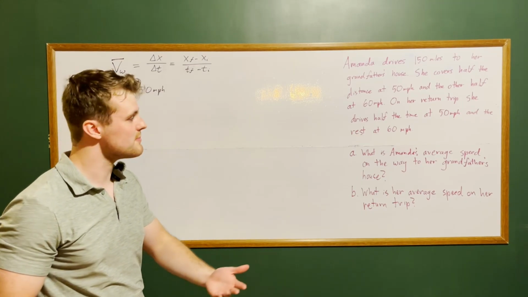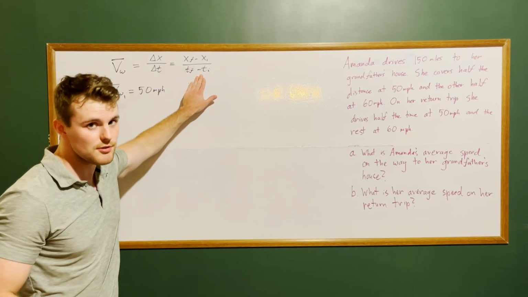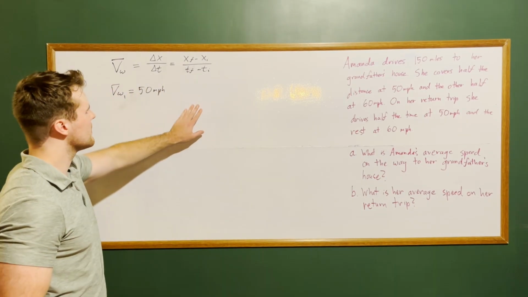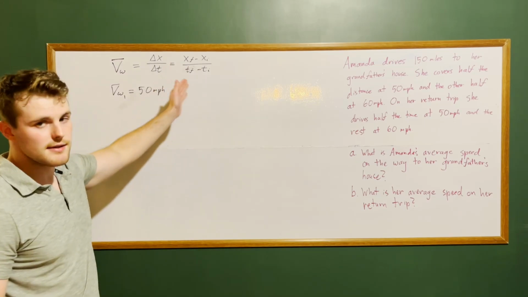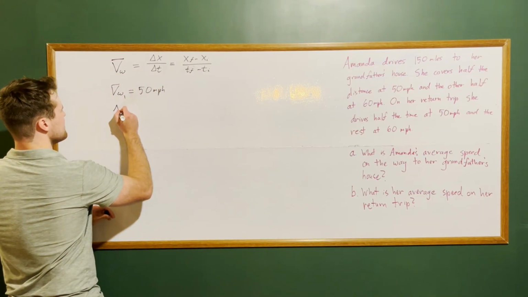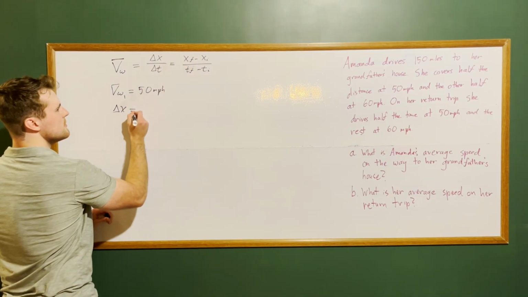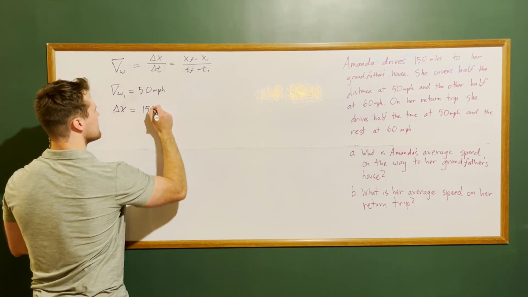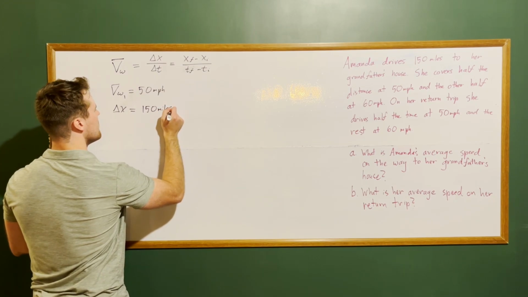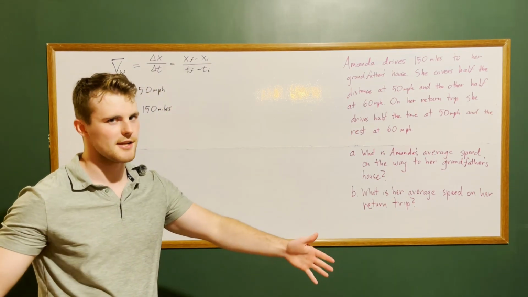But in terms of average speed, which is what the question is asking for, all we need to do is figure out what these variables are and then plug them in. So what I also know is X sub F minus X sub I, the change in displacement, is equal to 150 miles. And that's the total change in displacement, across both time segments.